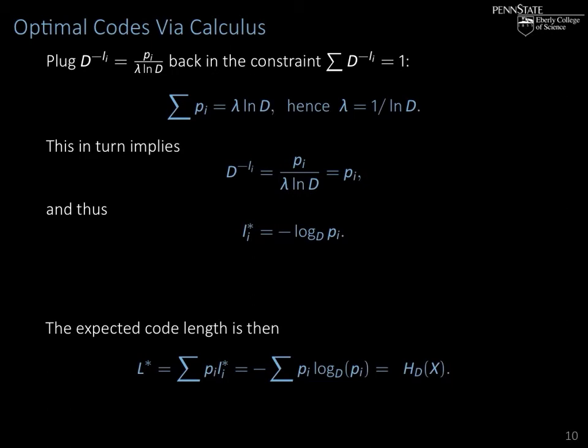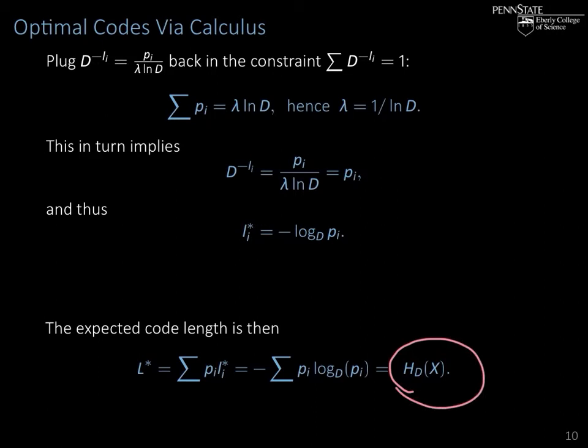Now if we plug those back into our original function that we minimize, with the critical value Li star, then we get L star equal to the sum of pi Li star, which is now minus the sum of pi log base D of pi, which, as you may recognize already, is just the entropy.